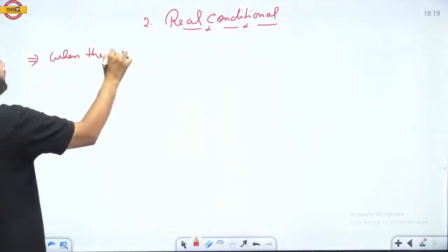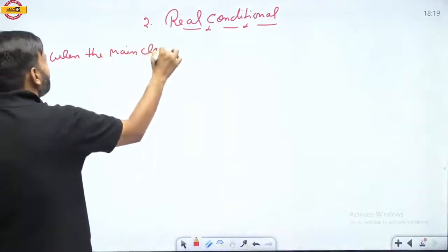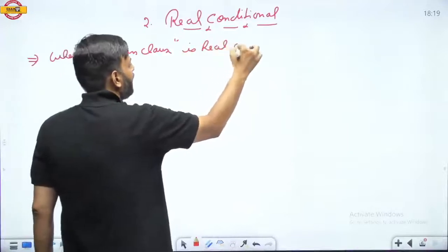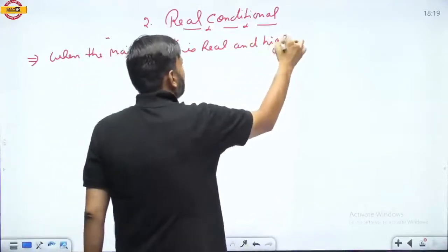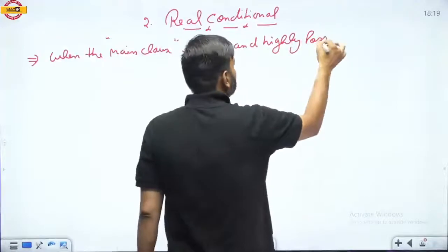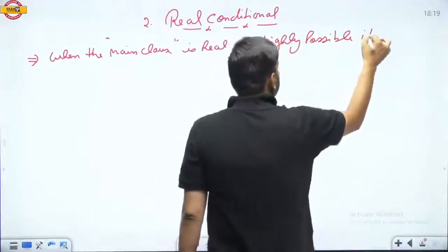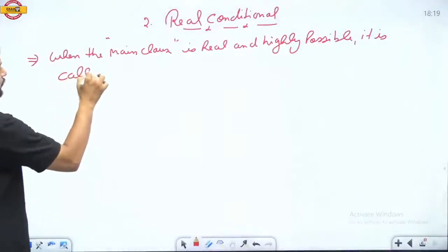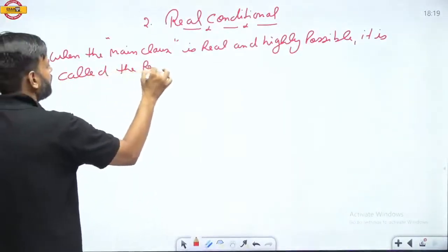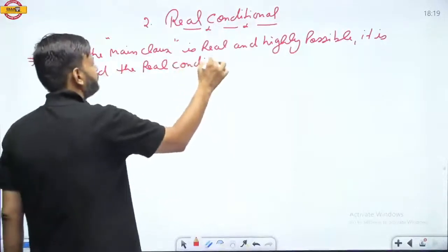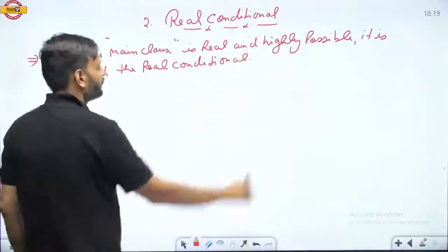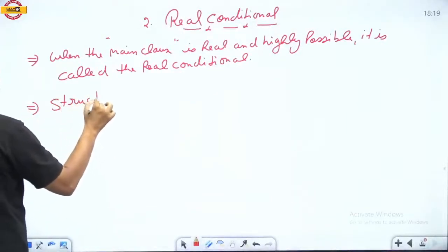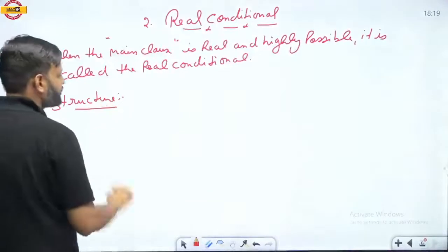When the main clause is real and highly possible, it is called the real conditional. Okay. Now what should be the structure?